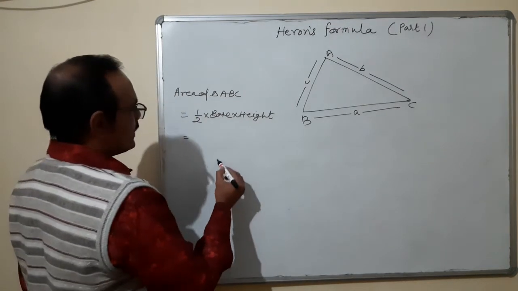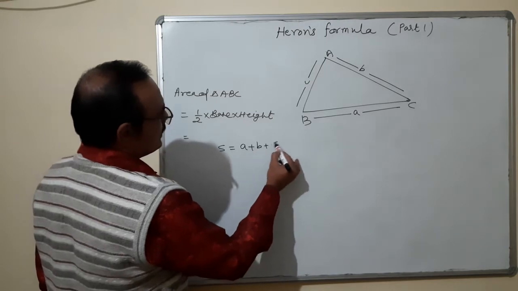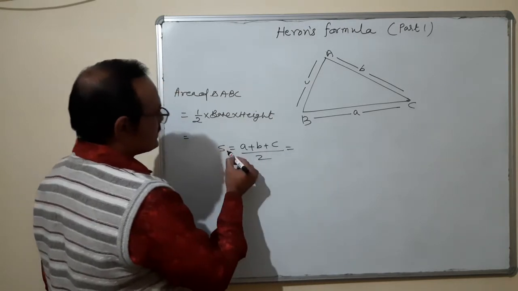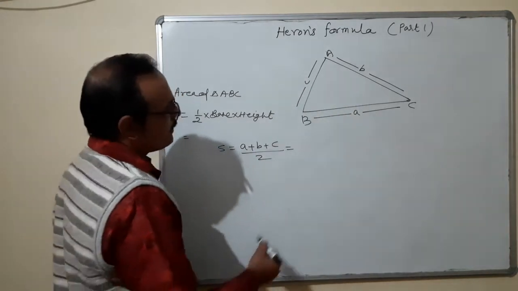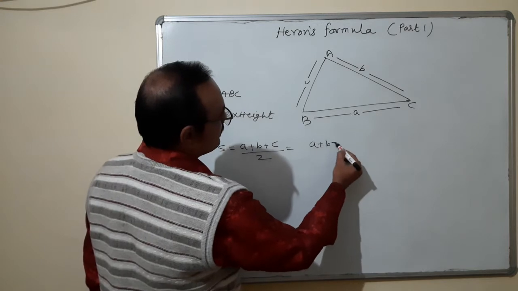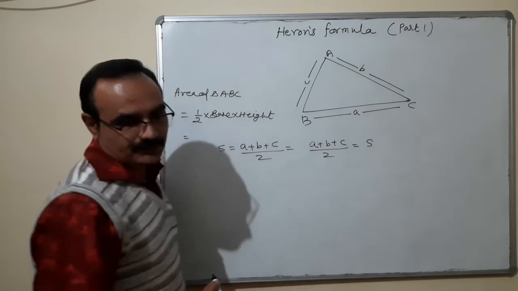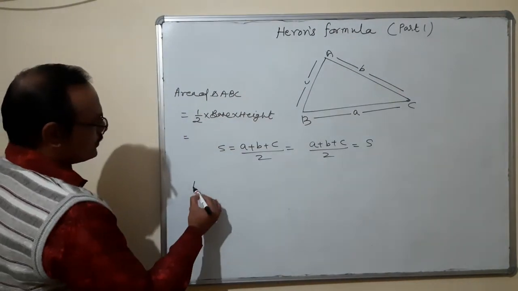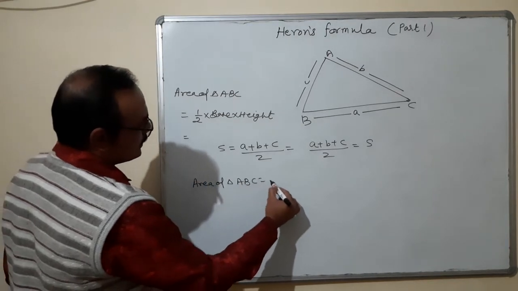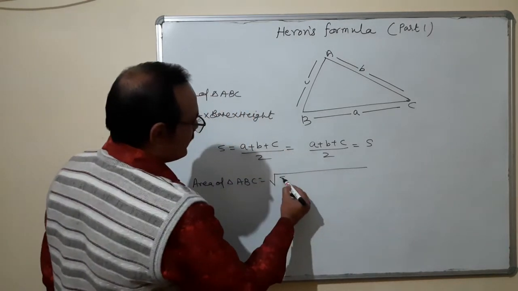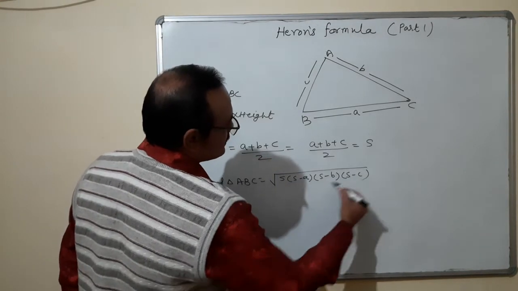So first of all, we have to find the perimeter, that means S is equal to (a plus b plus c) by 2. What is S? S is considered as the semi-perimeter, because a plus b plus c, the sum of three sides, is the perimeter, divided by 2. Semi-perimeter, which is denoted by S. And Heron's formula: area of triangle ABC is equal to the square root of S into (S minus a) into (S minus b) into (S minus c).